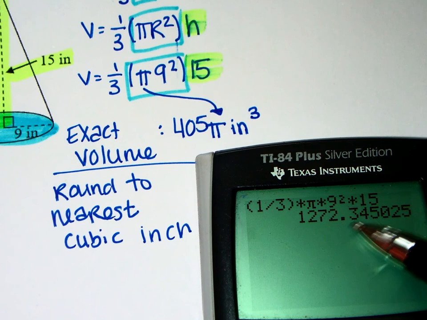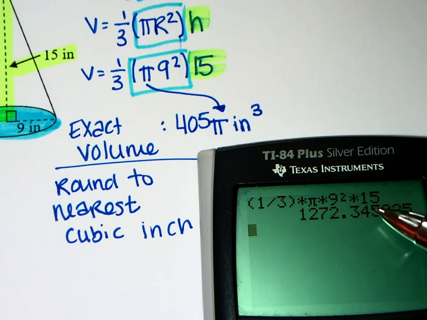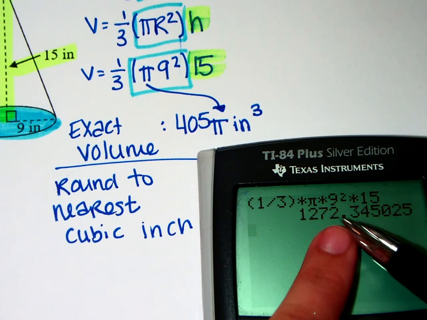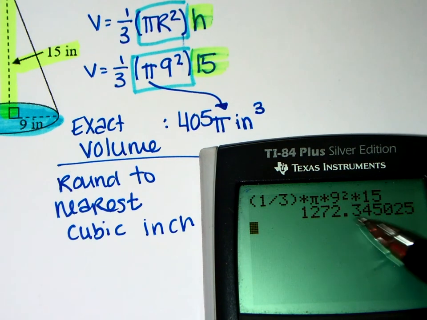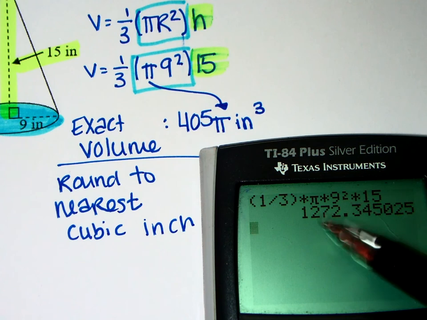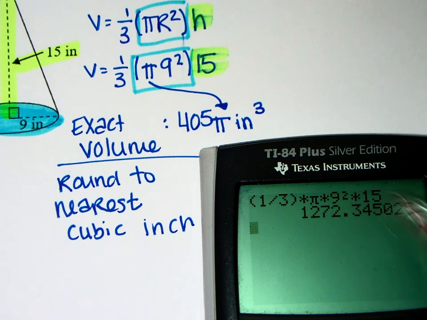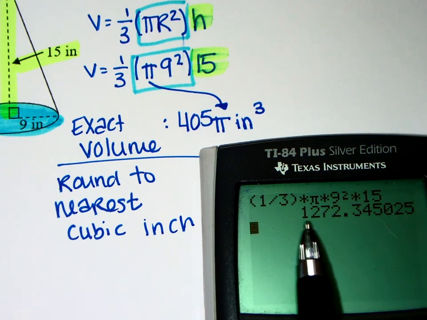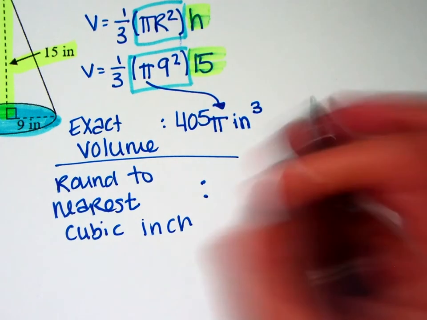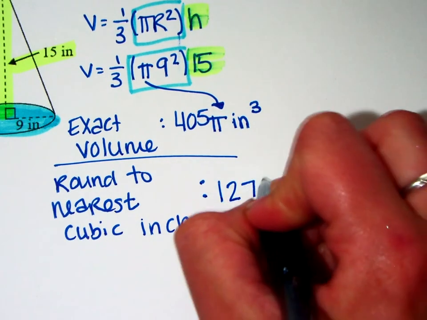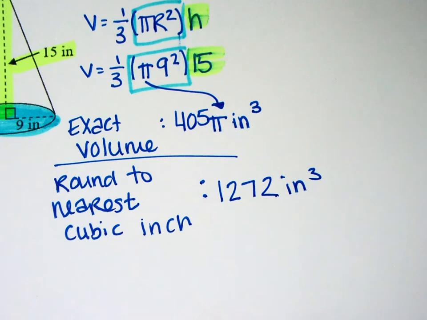I want to round to the nearest cubic inch, which is a whole number, so if I'm rounding the ones place, I need to look at the tenths place. The 3 is not 5 or higher, so this 2 is going to stay a 2. So my final rounded answer is 1,272 inches cubed.